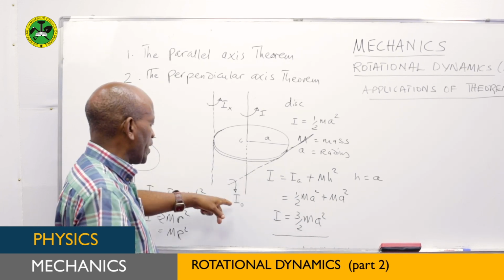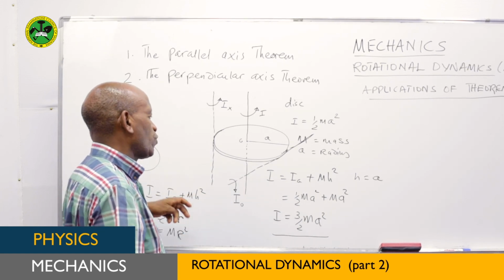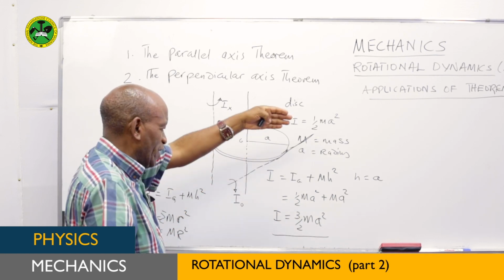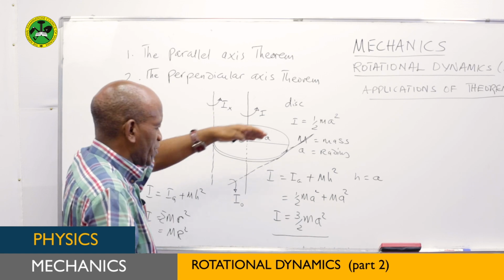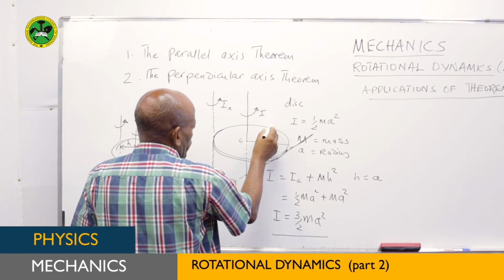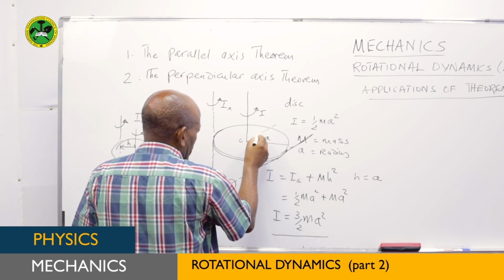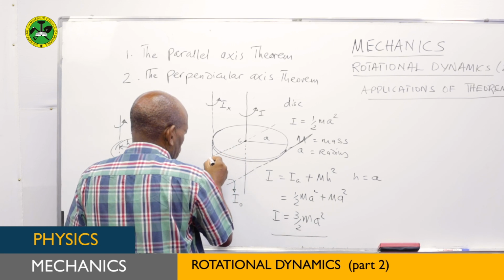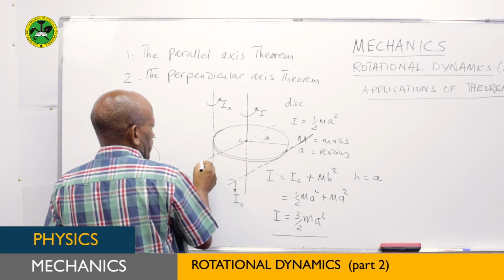To determine the moment of inertia IO for an axis which is just passing parallel with the plane but on its edge, that is on its rim, we need now just to look for any particular moment of inertia which could just be passing, let's say, through the center of the same disk.